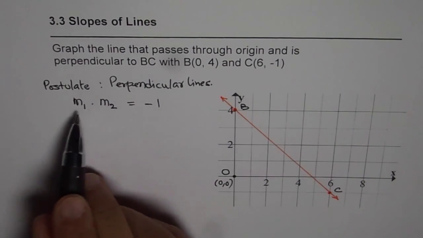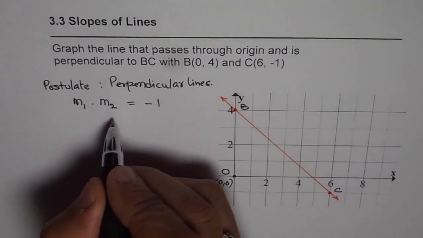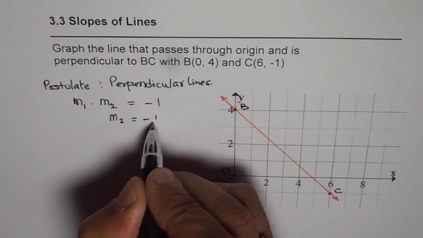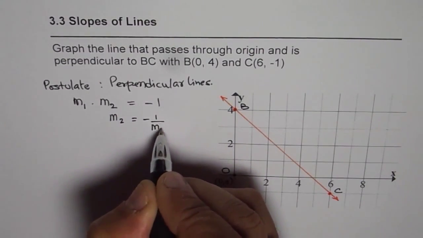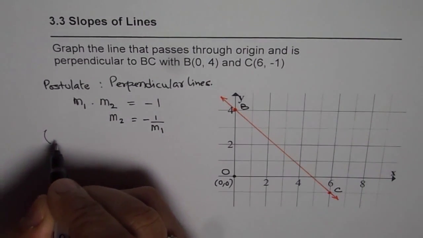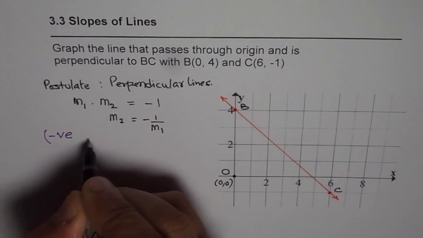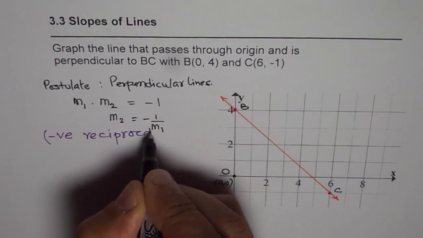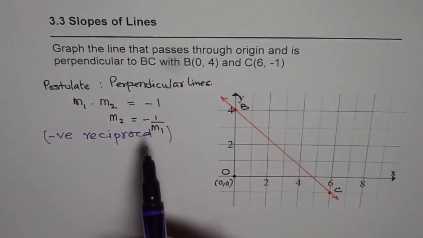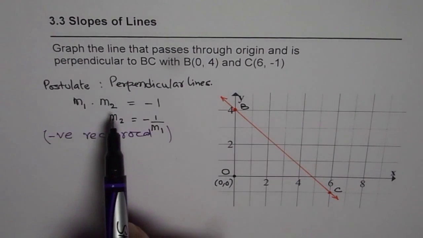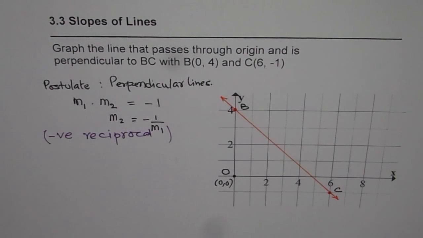Well, we can modify this equation and we can also say that the slope of line 2 is -1 over M1, so we call it negative reciprocals, right? So we'll also use this term, negative reciprocal. It's very easy to find a negative reciprocal and justify that they are perpendicular by multiplying the slopes, right?